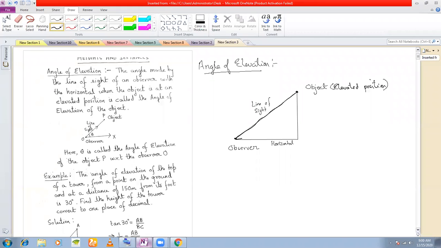and this is the horizontal. Therefore this angle, say theta, is called the angle of elevation.